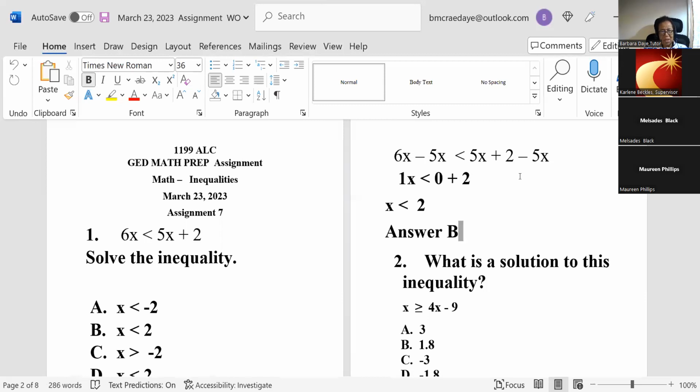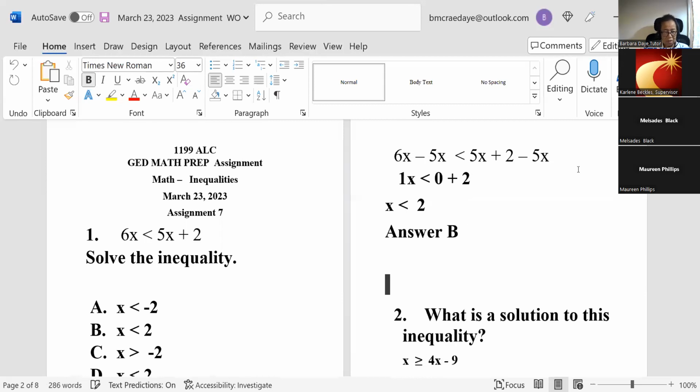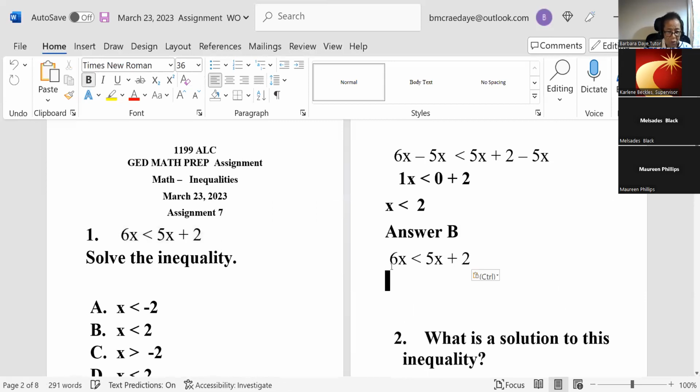Now, Mercedes, let me just put what you said you did. Let me copy this here and you tell me again what you did. Okay, so what did you do first? I subtract -2 from both sides, from 5x and 2.